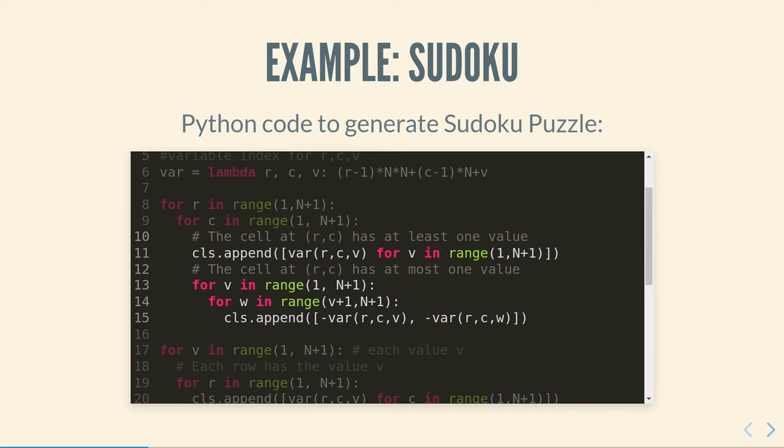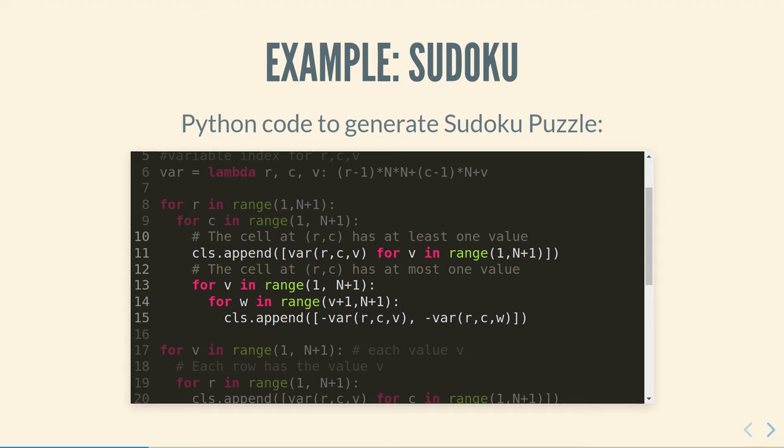For each value V in range 1 to 9, and for each W that's not equal to V, we have clause.append minus RCV minus RCW. This is the implication that if variable RCV is true, then variable RCW must be false, and vice versa. So this is the secondary constraint, that there is at most one of each value in the cell.